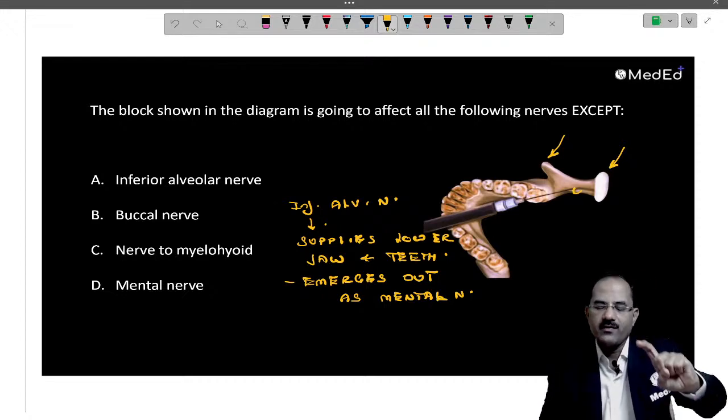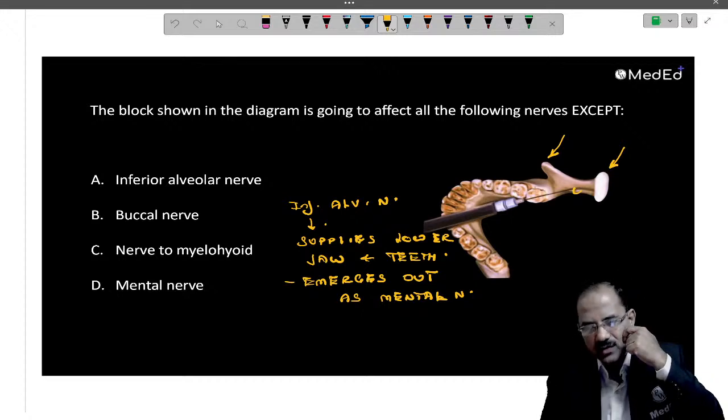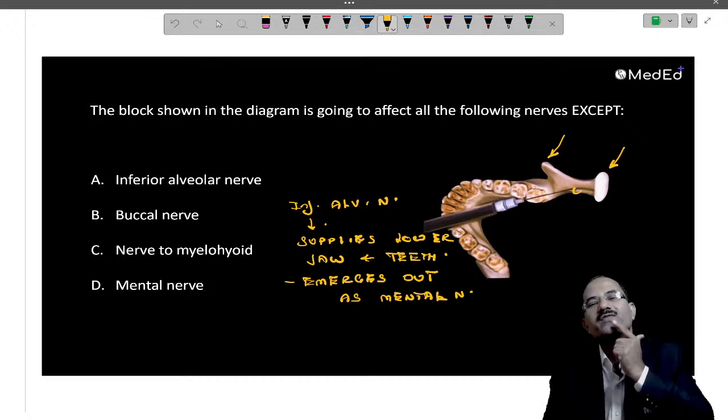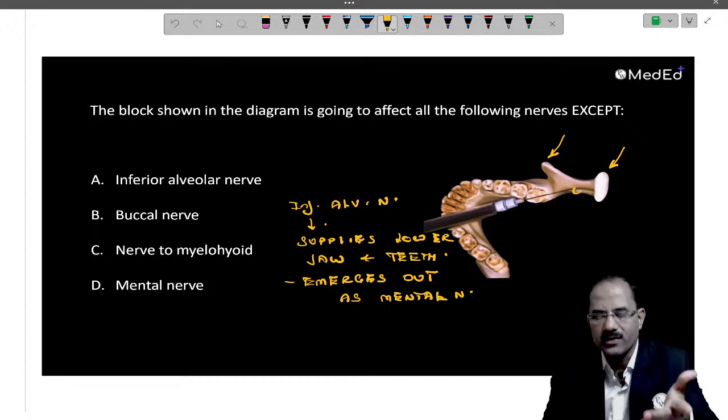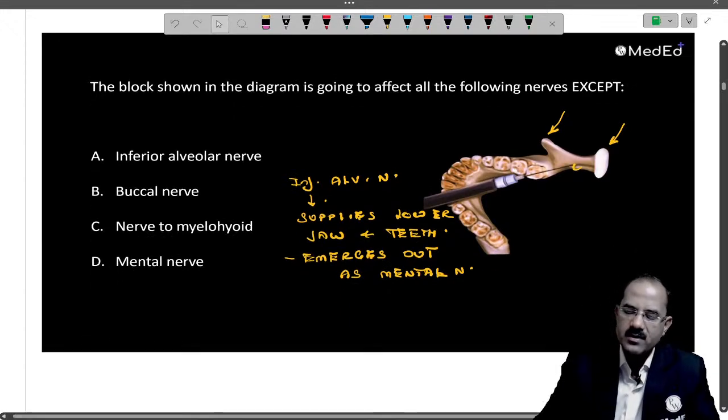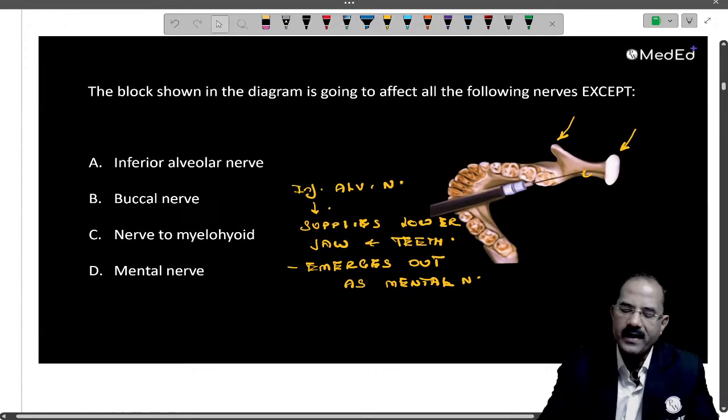So the inferior alveolar nerve enters the mandibular foramen, supplies the lower jaw and the lower teeth, and emerges out as the mental nerve. Now before it enters the mandibular foramen, it gives a branch. What is that branch?